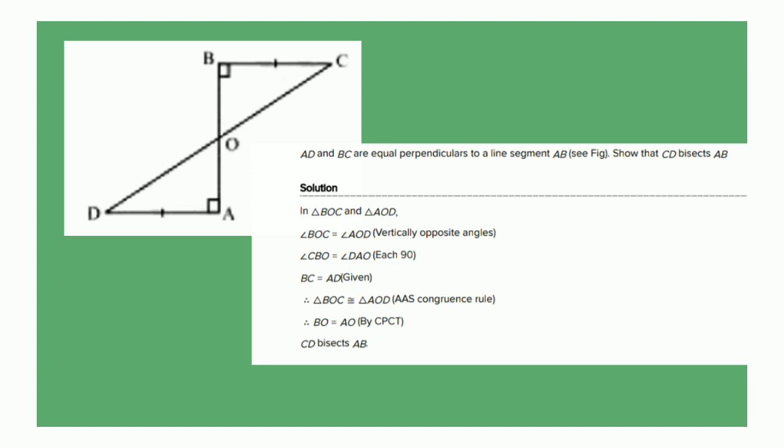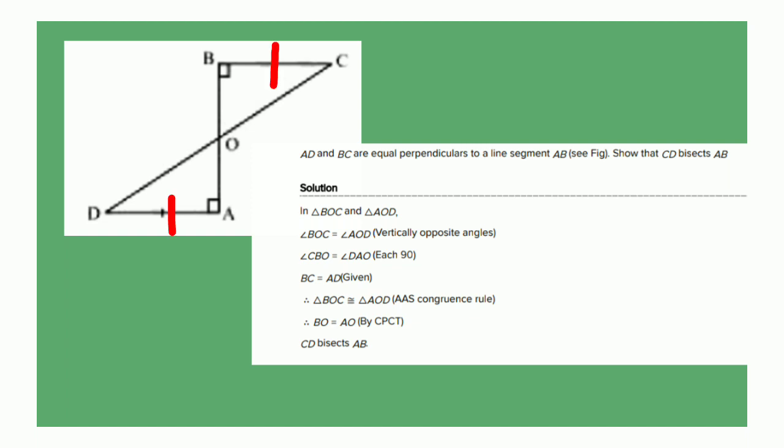So consider the triangles, triangle BOC and triangle AOD. The question is given that AD and BC are equal and they are perpendicular lines. That means angle A and angle B make an angle of 90 degrees. So here angle BOC equal to angle AOD, vertically opposite angles. So they are equal. Then second one, angle CBO and angle DAO each 90 degrees, because the question is given that it is 90 degrees.